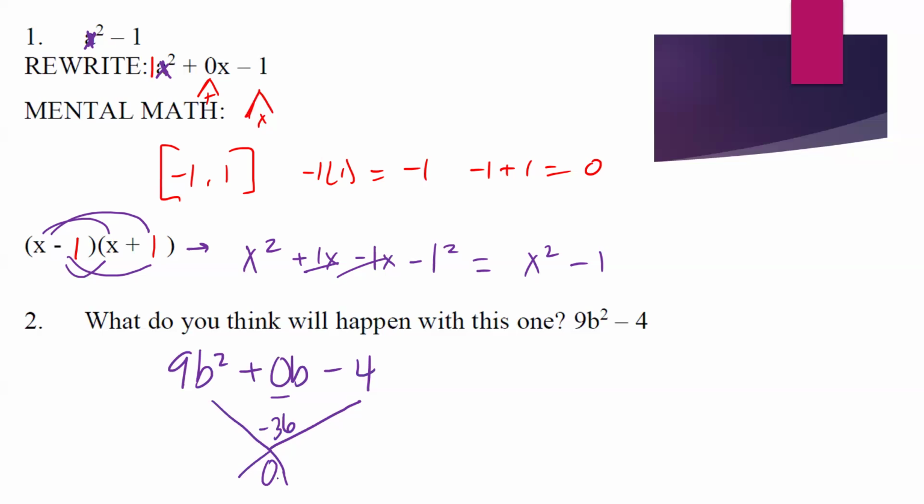What two numbers multiply to give me -36, but add to give me 0? A -6 and a +6. A negative times a positive is a negative, but a negative plus its opposite is going to be 0. So that's how this ends up working.